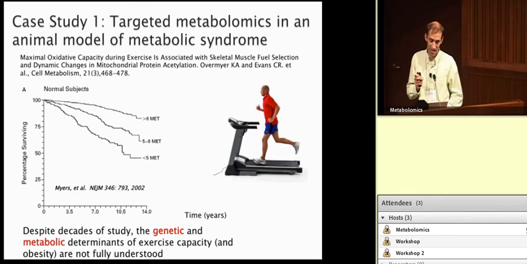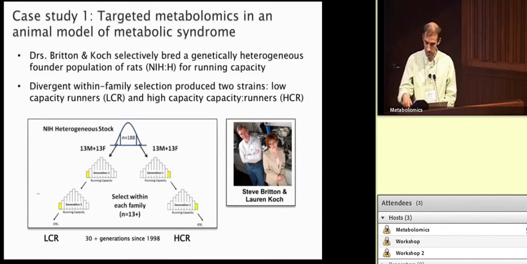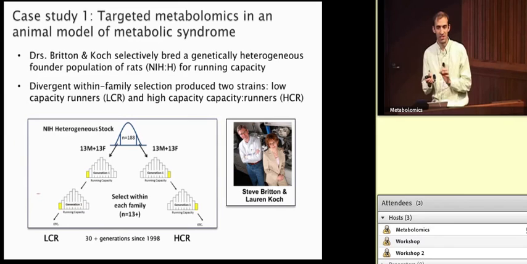And despite decades of study, the determinants of aerobic exercise capacity are not fully understood. And these determinants are both genetic and metabolic. And so several years ago, we set about to use metabolomics to help probe deeper into the phenotype and the determinants of exercise capacity.